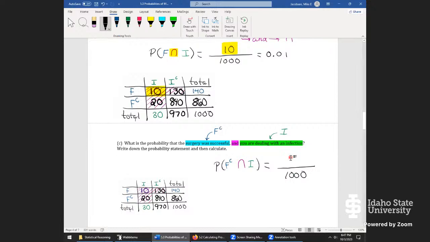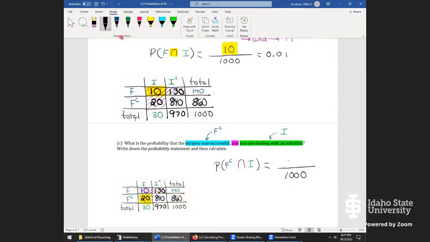And now we need to fill in the numbers in the numerator. We want F complement intersect I. Anyone see what the count should be for that value? It would be the 20, absolutely. Think F complement going this way, I going this way, and where the highlighting overlaps, right here, that's the intersection.